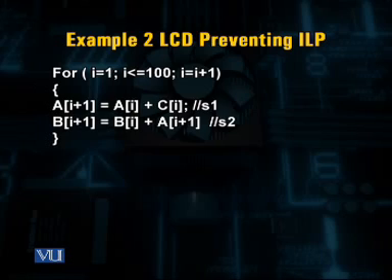Whereas the second dependence is not loop carried, and S2 depends on S1, which is within the same iteration. Thus, if this were the only dependence, multiple iterations of the loop could be executed in parallel by unrolling, as long as each pair of statements in an iteration is kept in order.